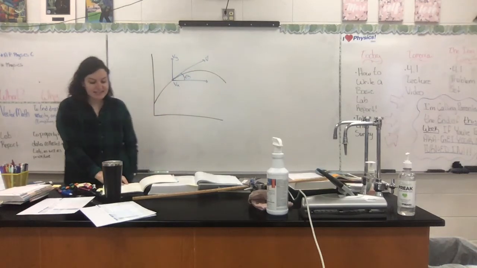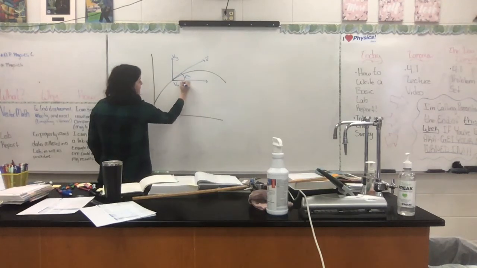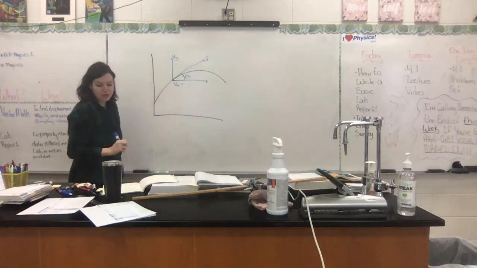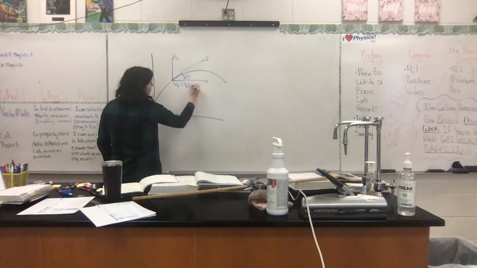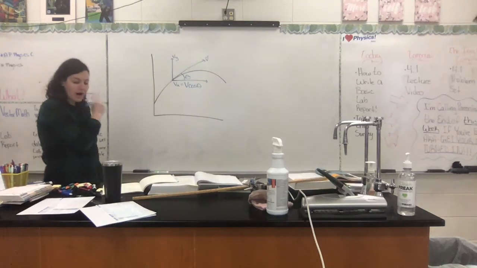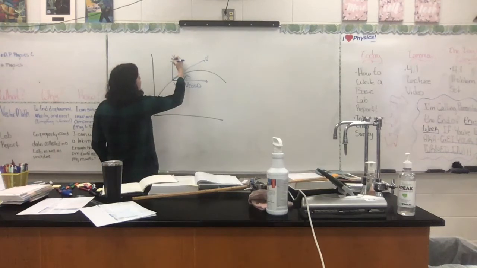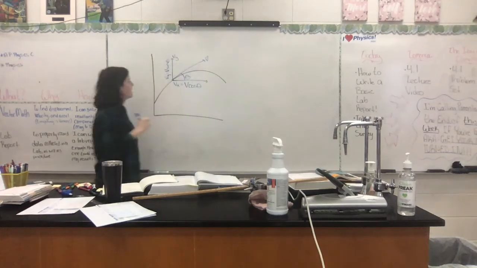Now, if that's the case, to find these components, you're going to have that Vx is equal to my personal favorite, V cosine theta, all right? And our y component is going to be Vy equals V sine theta, okay?